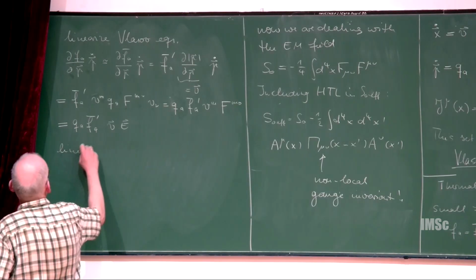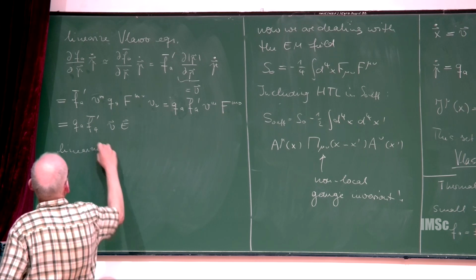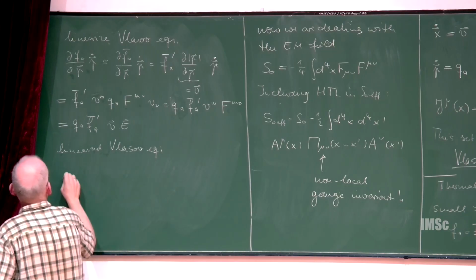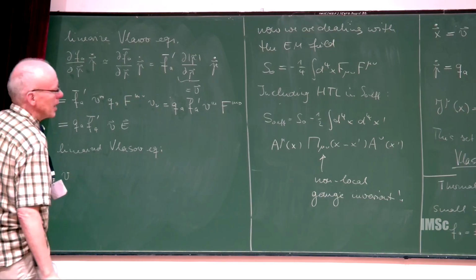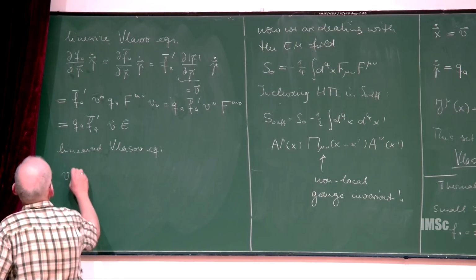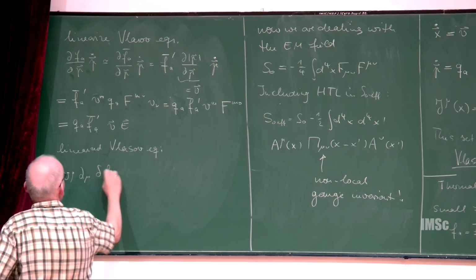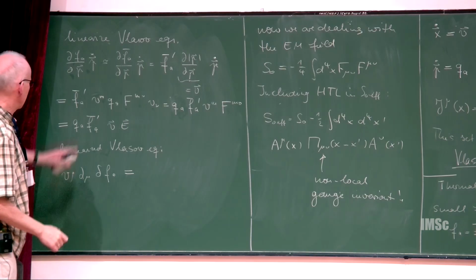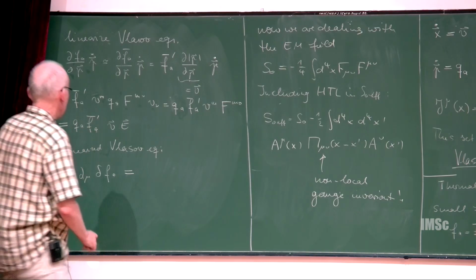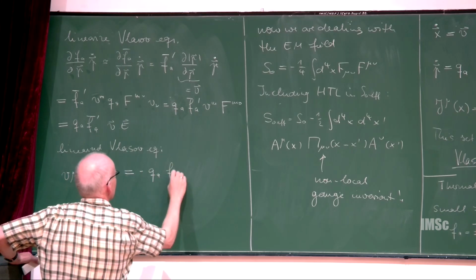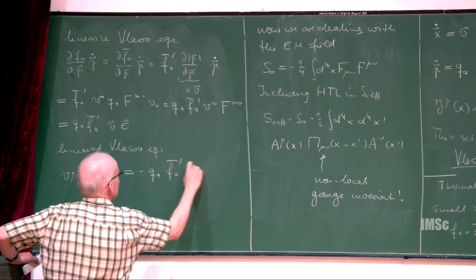If we collect all this, we get the linearized Vlasov equation, which is, well, the first two terms, the time derivative and this flow term with the velocity, I can nicely write as v^μ ∂_μ δf_a. And I put the Lorentz force term on the other side, so I get a minus sign here. It's minus q_a times f_a bar prime times v dot E.